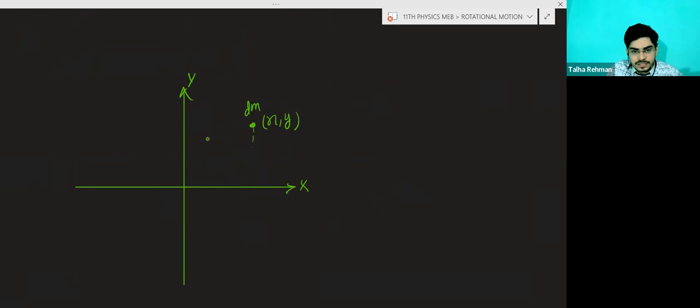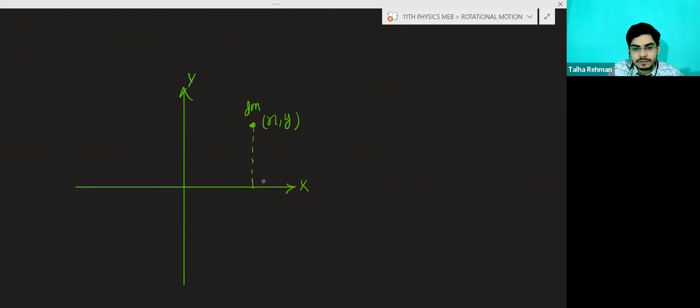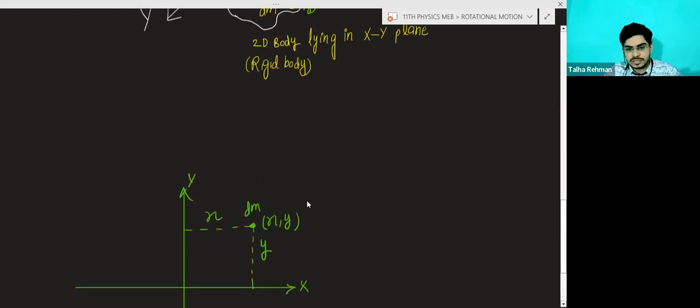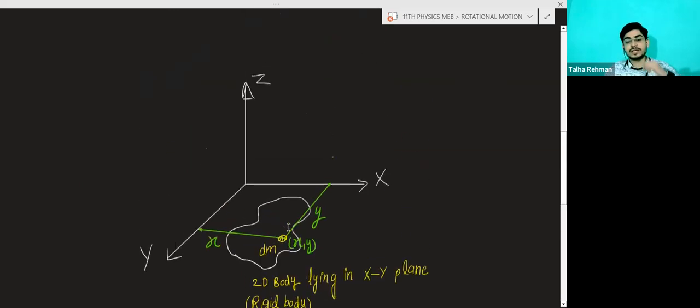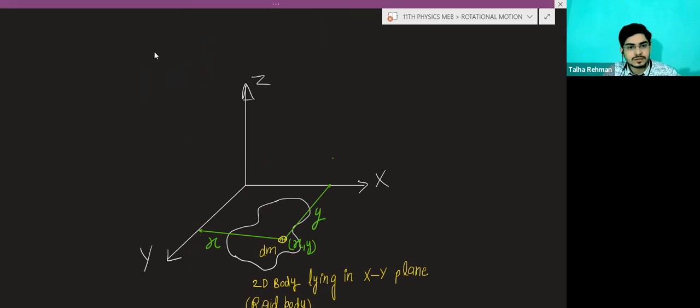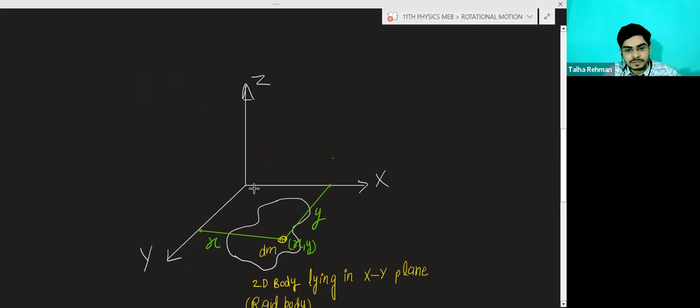The perpendicular distance from the x-axis will be y, and the perpendicular distance from the y-axis will be x. You have done this in 10th class. Now, what will be the distance from the z-axis? This will be the distance.